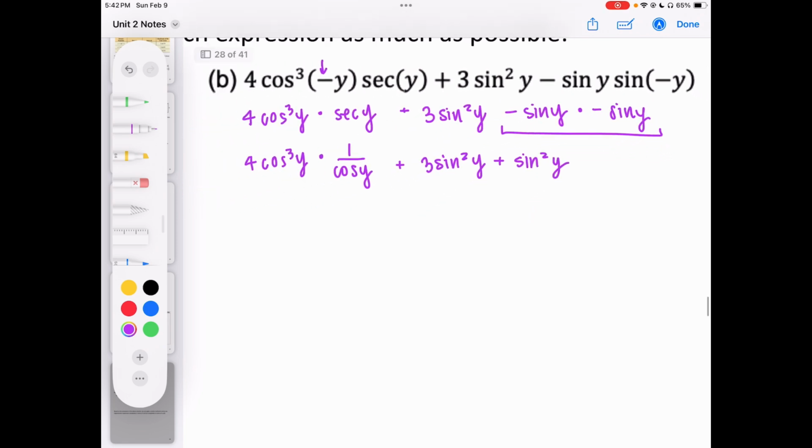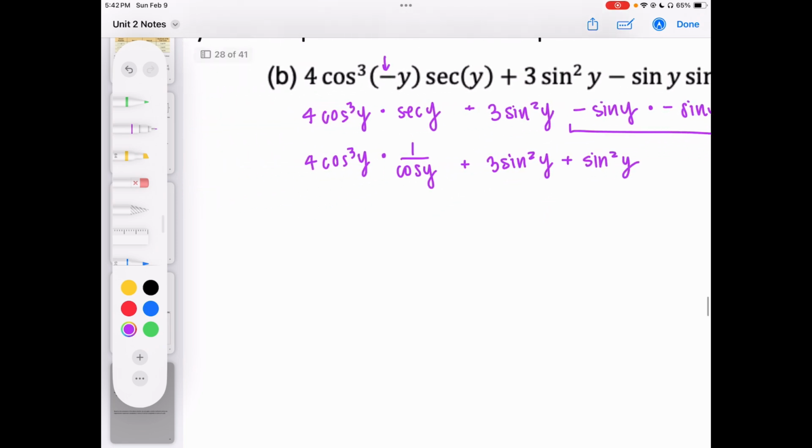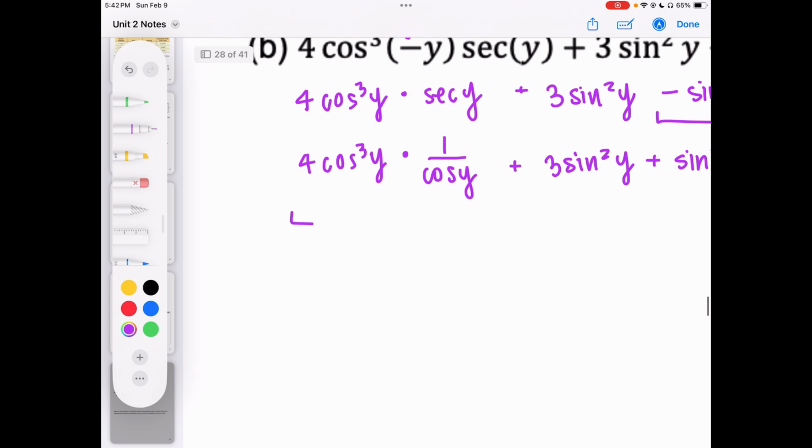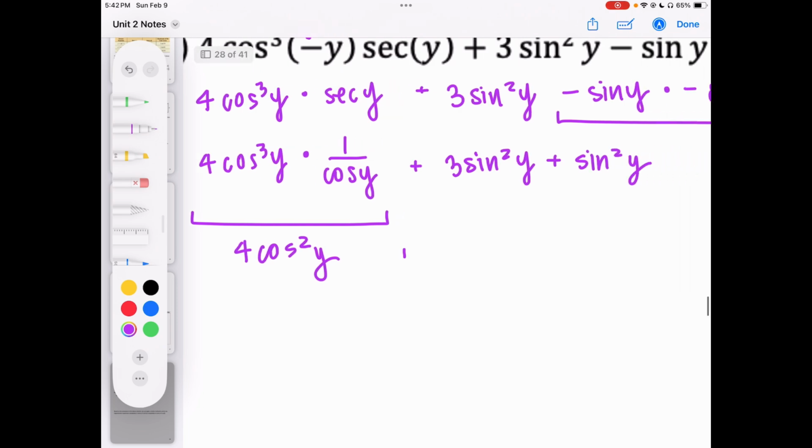I can continue combining like terms. On the left, if I combine, I'm going to have 4 cosine squared y, right? The cube and the cosine in the denominator will go away. Here, I can combine like terms and I have 4 sine squared y.